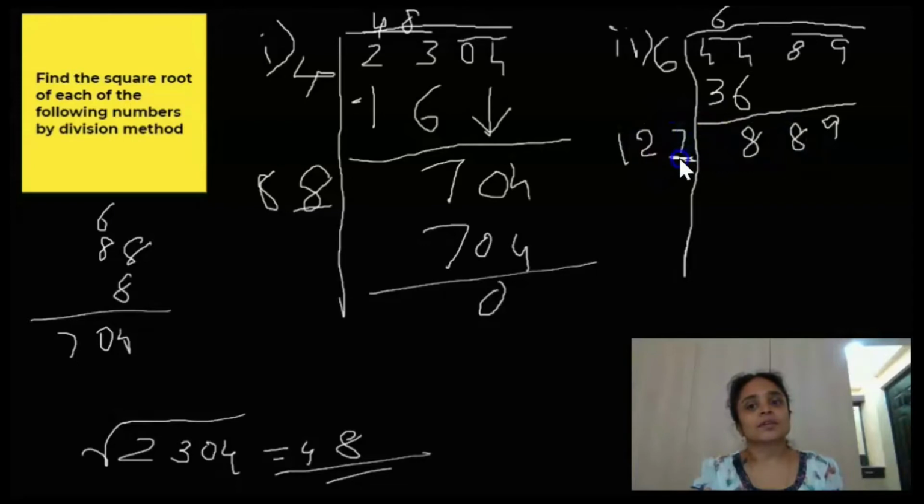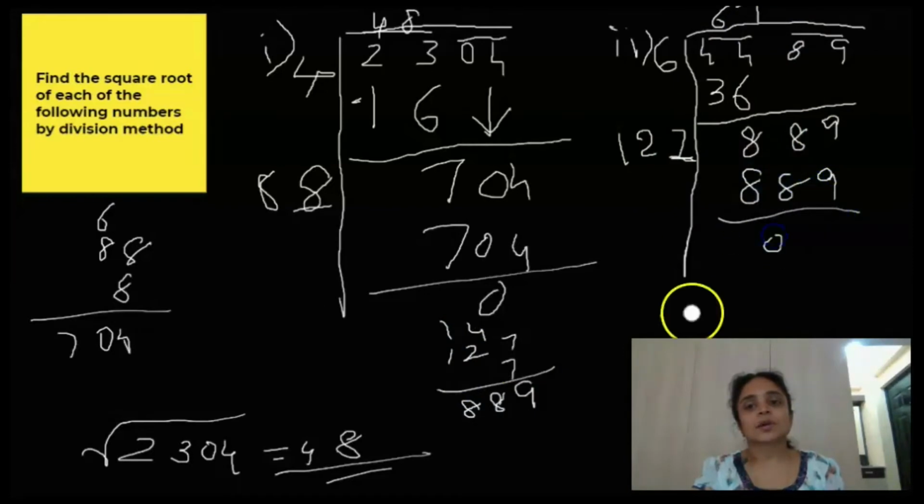So let us see whether 127 into 7 is 889. 127 into 7, 49 and 14 plus 4, 18, and 889. So 7 is that number. Remainder is 0. So what is the square root of 4489? Square root of 4489 is equal to 67.